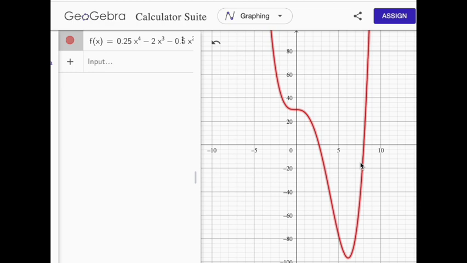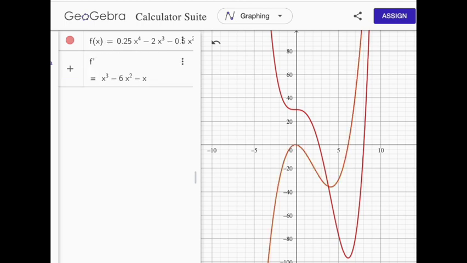Okay, so I've adjusted the window so that we can see the basic shape of the function. If I want to find the derivative of this polynomial f(x), I can just hit f prime and it will show me the graph of the derivative.